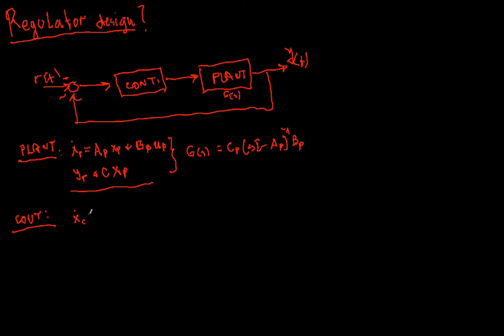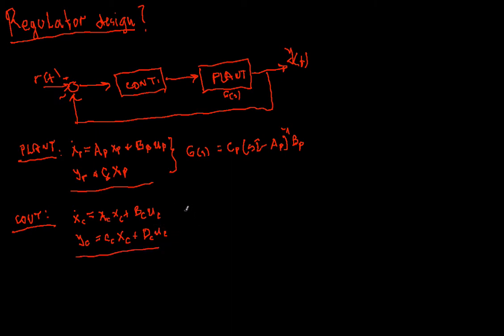can be given as well as xc dot equals Ac xc plus Bc u of c, y of c equals Cc xc plus Dc u of c.